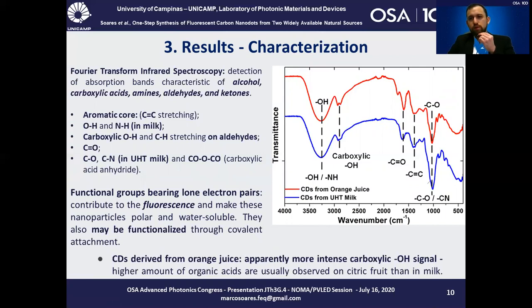It's probably a consequence of the usually higher acid content of the orange juice, which contains citric and ascorbic acid. Also, there are the carboxylic acid anhydrides, the carbonyl, and other groups.